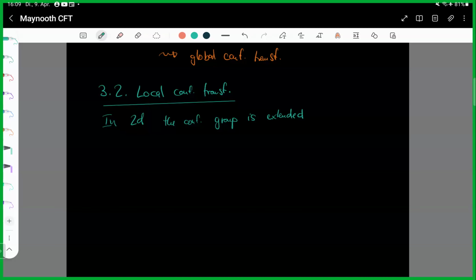Then I talked in the beginning about any dimension, also d equals 2, and looked at the transformations that we had for any dimension. And now it turns out that in 2 dimensions, there's something special going on. More concretely, that means that the conformal group is extended to be infinite dimensional.